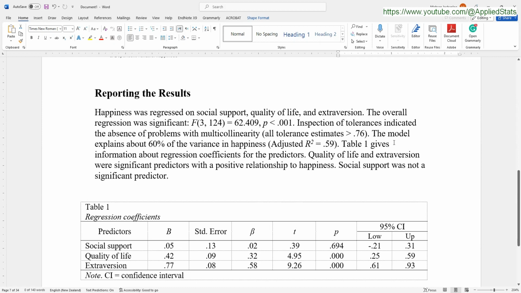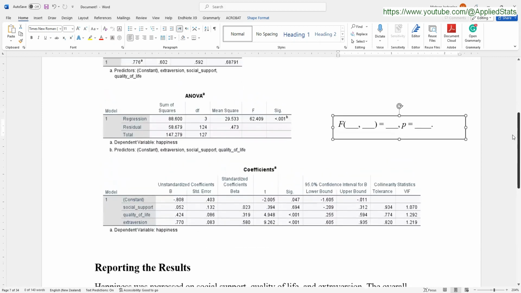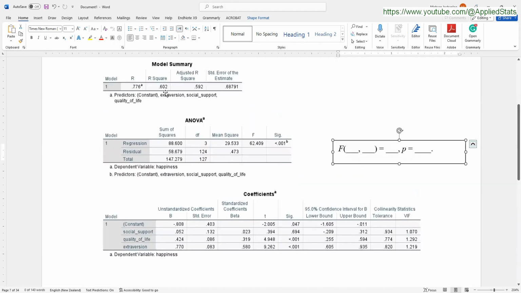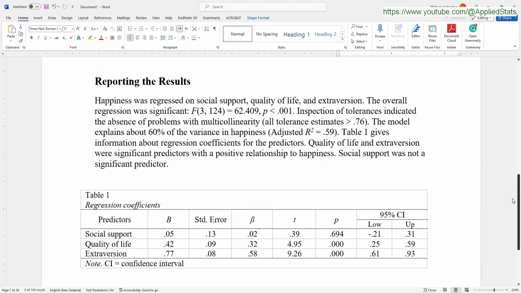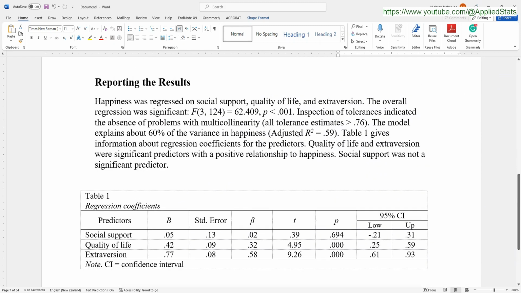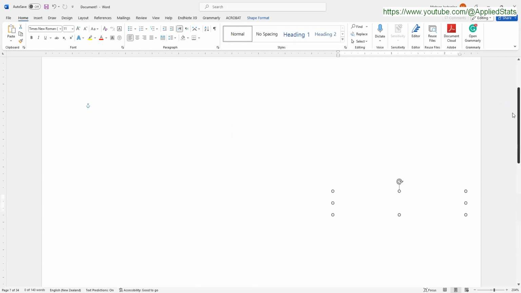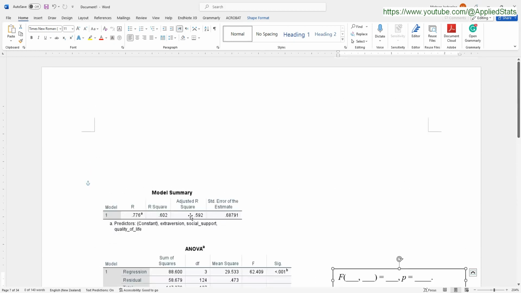Then you talk about your R-square. The model explains about 60% of the variance in happiness. So you are basically reporting your R-square here. Also, it's a good idea to report adjusted R-square, which is next to your R-square. Just take it from here.